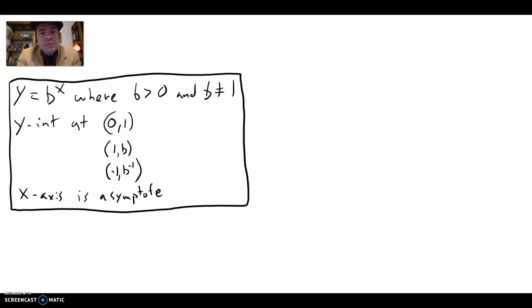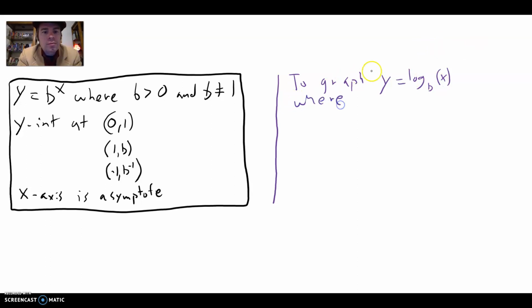So to graph y equals log base b of x, where b is greater than 0 and b does not equal 1, what we're going to do is, instead of a y-intercept, we're going to have an x-intercept.